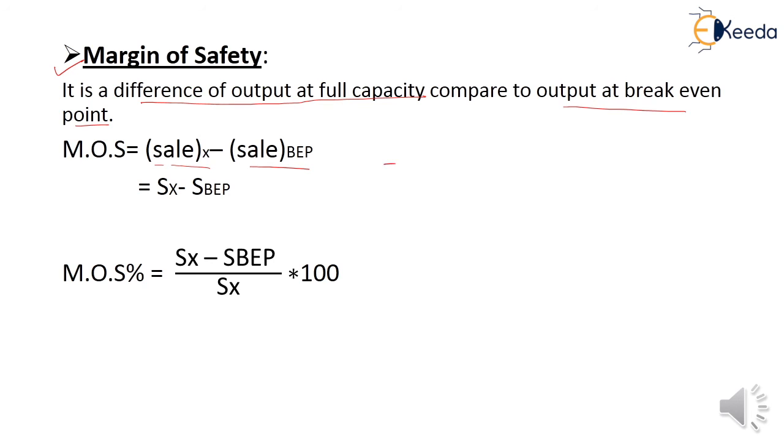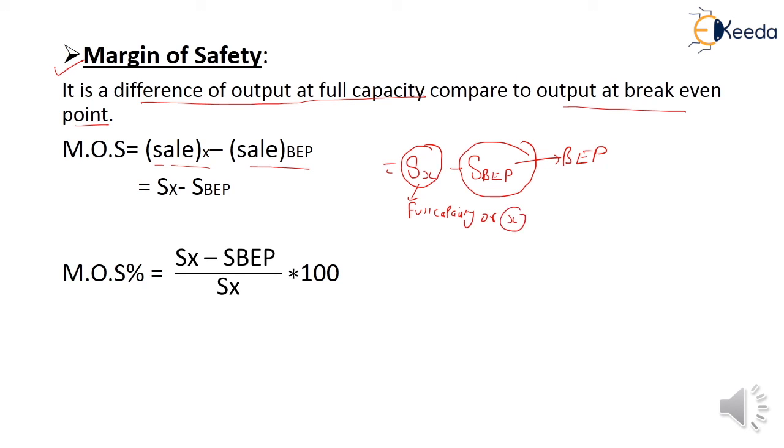So we write margin of safety as capital S corresponding to x minus capital S corresponding to break even point. That means this represents the sale corresponding to the break even point, and this represents the sale corresponding to full capacity, or the sale corresponding to the volume of production x.